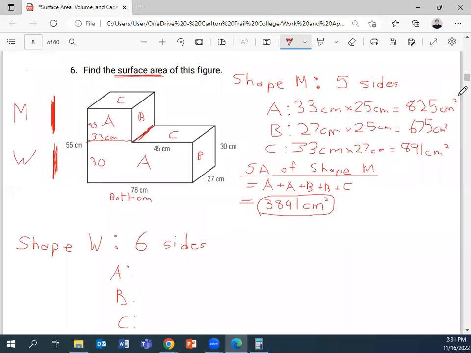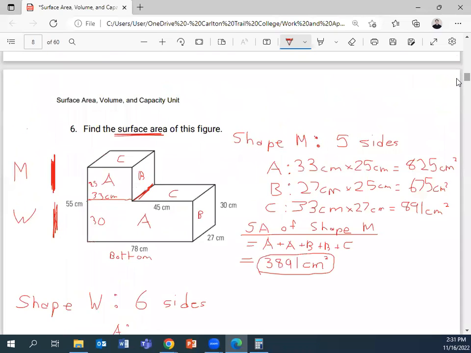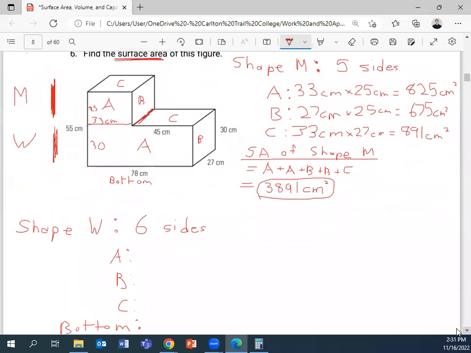So what is going to be my dimensions for side A? What two numbers do I multiply together? It's getting messy. We know the base, 78 centimeters, times 30.